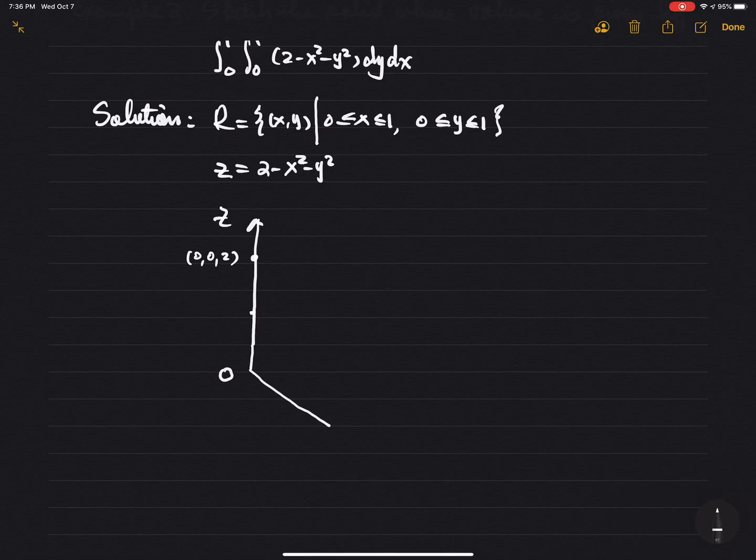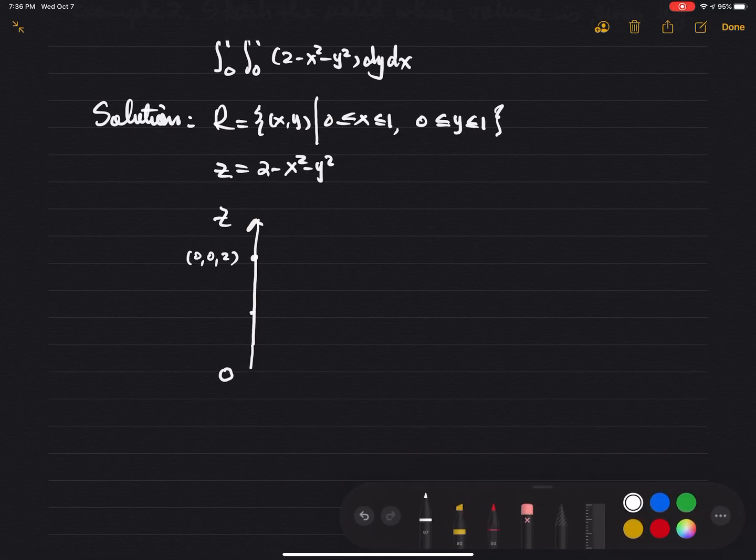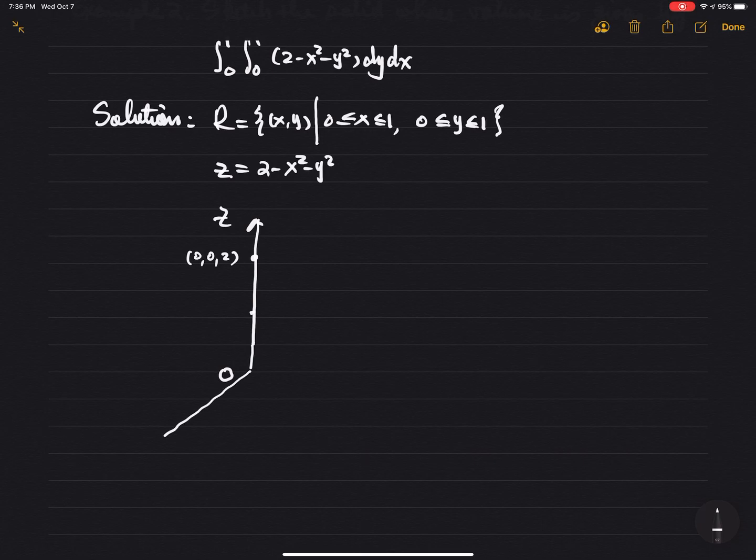Let me see. How about we just draw the regular position, like that, and then like that.